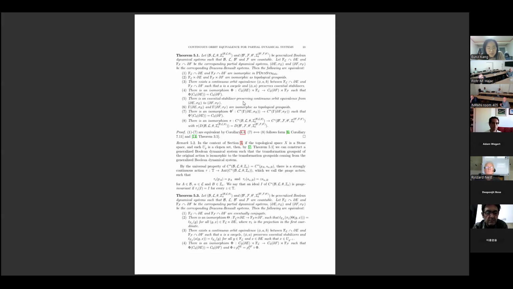From this Boolean dynamical system we can also get a groupoid. Actually, we have this equivalence condition in the context of Boolean dynamical systems.